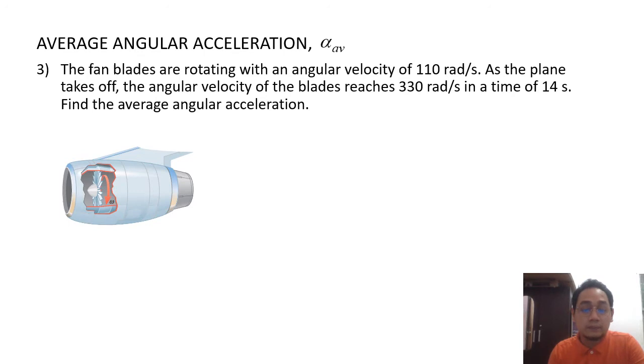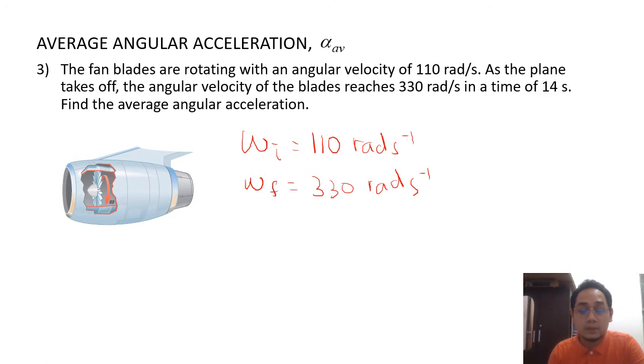The information given is omega initial, which is 110 radian per second, and omega final, which is 330 radian per second, and you also have been given the time, which is 14 seconds.